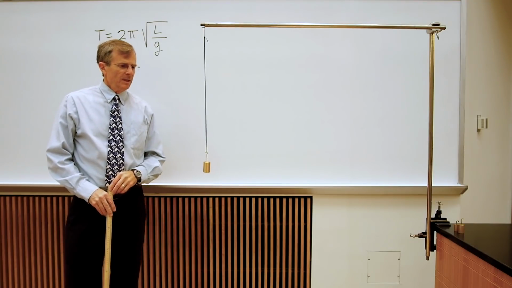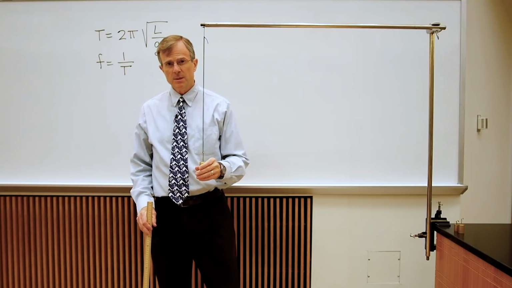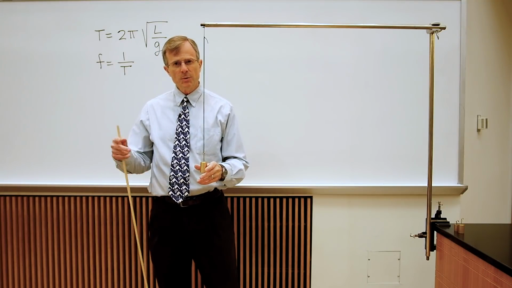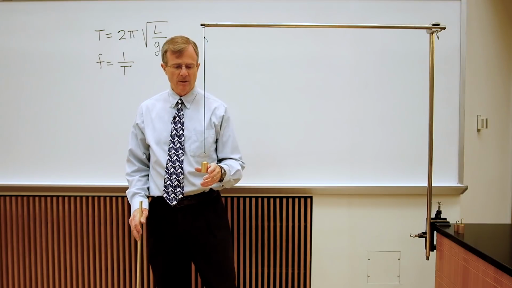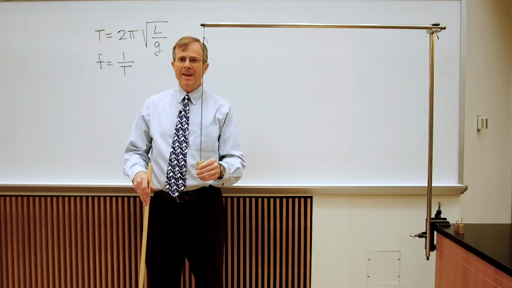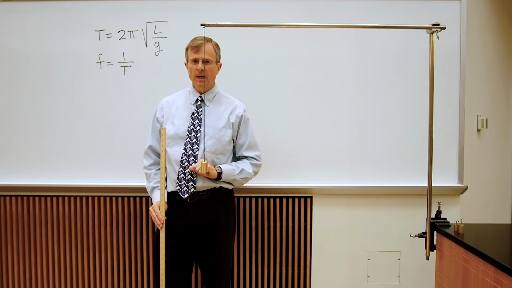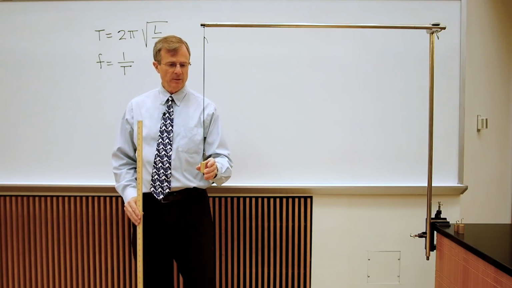And notice that this period does not depend on two things you might have thought that it could depend on: the amplitude of the motion, which is the angle from the vertical. This is the equilibrium position of the pendulum.